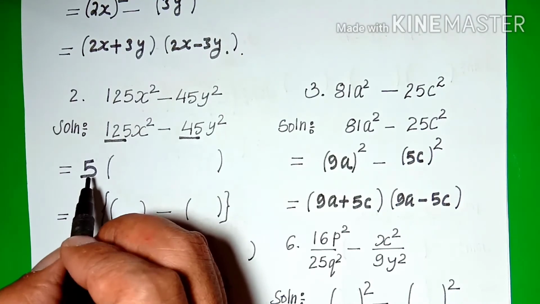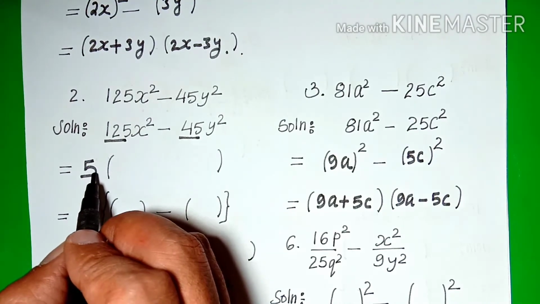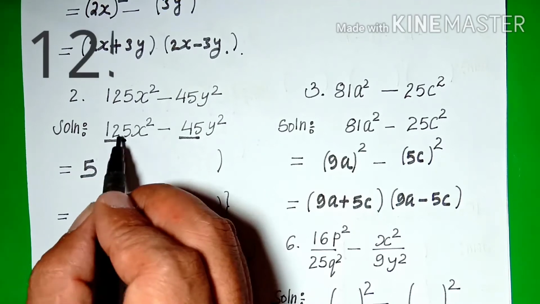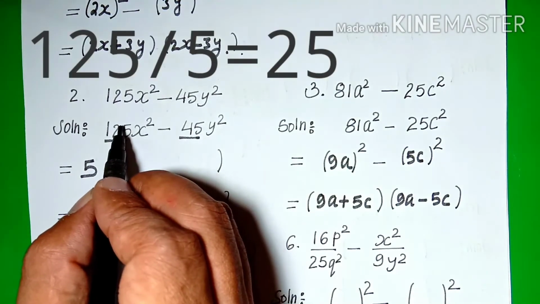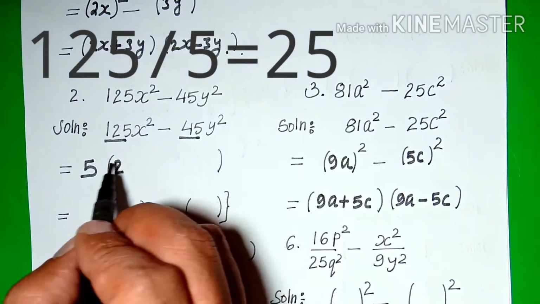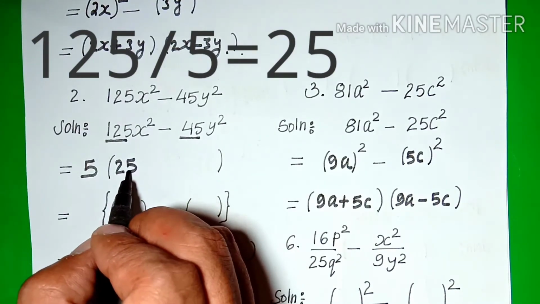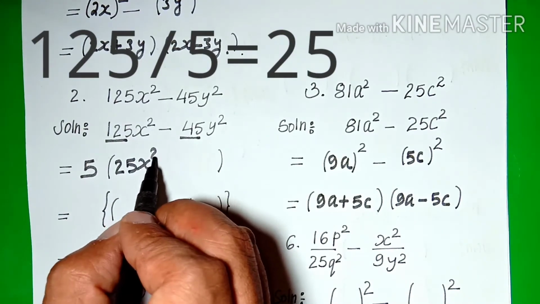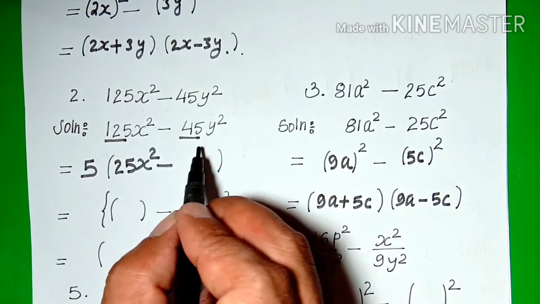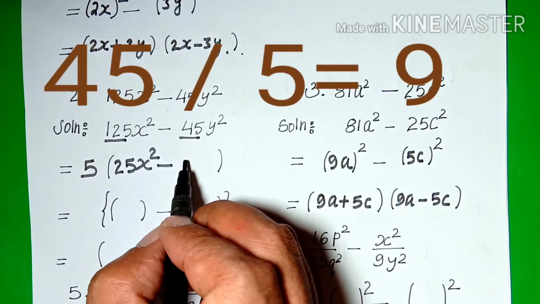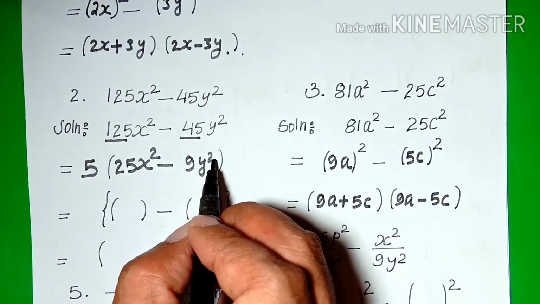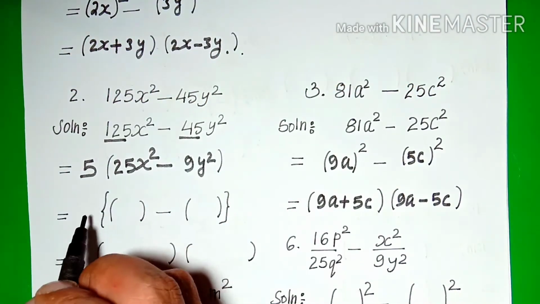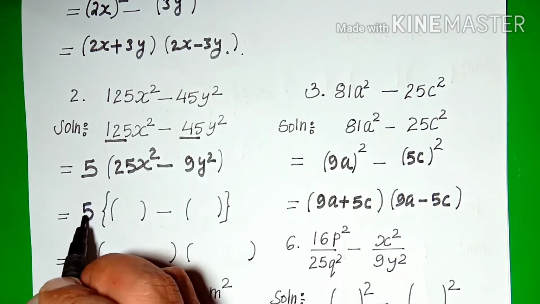After taking 5 common, we divide these two numbers. 5 into 25 is 125, so it becomes 25x², minus 5 into 9 is 45, with variable y². Now 5 you'll have to drop the same.